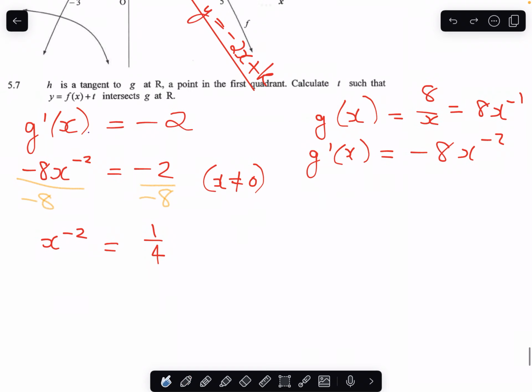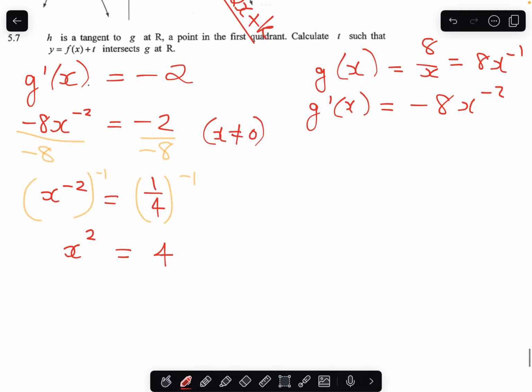Then we can raise this to the power of negative 1. So this would be x squared equal to 4, and so x would be equal to plus or minus 2, right?